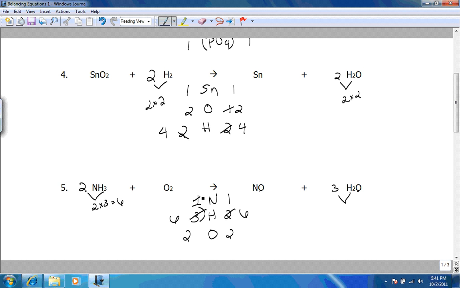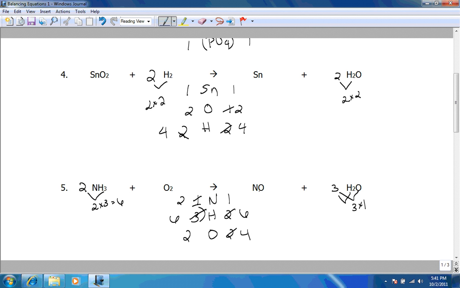On nitrogens, we now have 2 nitrogens over here, and on oxygens, we have 3 more. So we have 3 times 1 here, plus 1 more there. So that means that's 4 now. Okay, so we can either go back and change our nitrogens or change our oxygens.